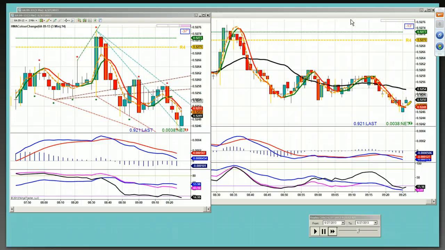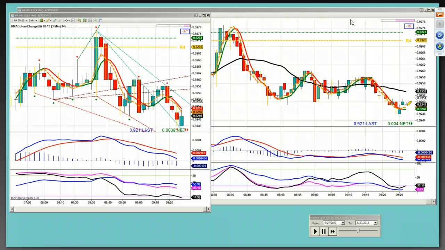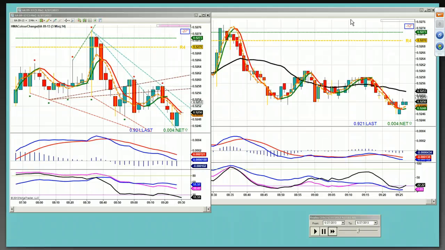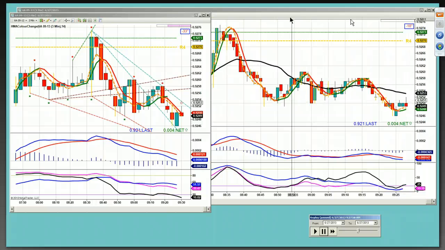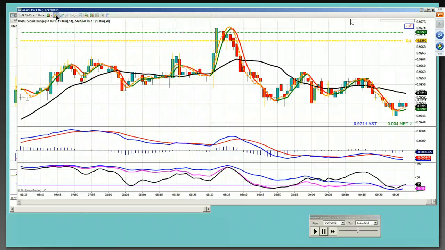So the question of the day is, do I trade? Here's a very good question. Let me just pause this for a second. Notice over here that the candles for the counter trend are north of the HMA, and I could go and close the gap to the 20 SMA.